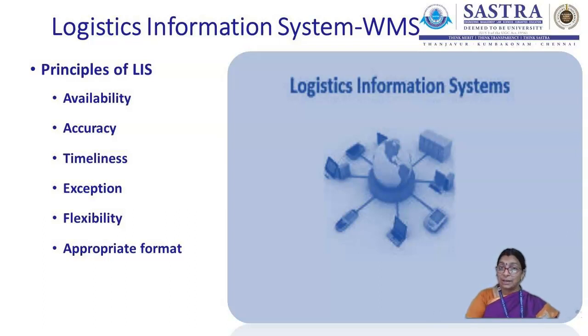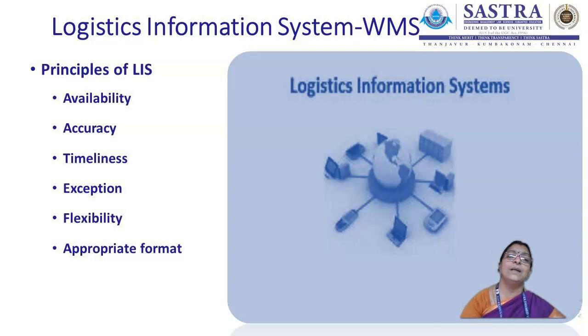This question will be answered by the logistics information system that reviews and completes the entire data, which will bring the exceptions into effect and increase the transparency in the transaction. So this is another principle.